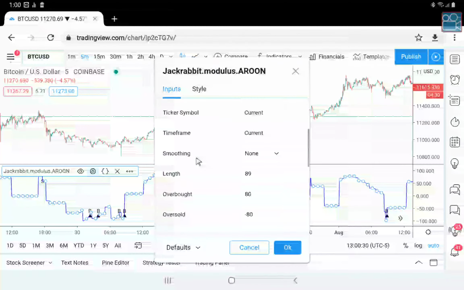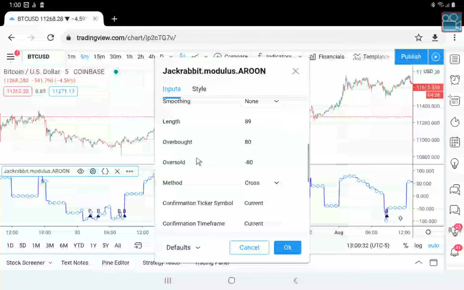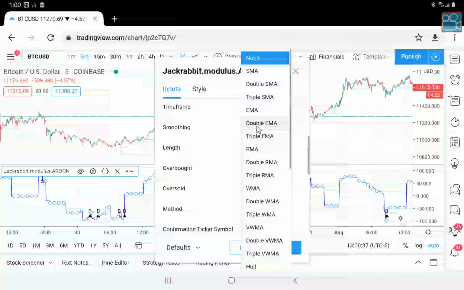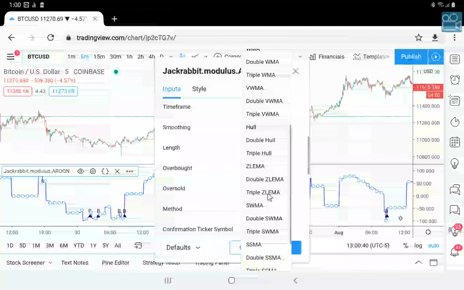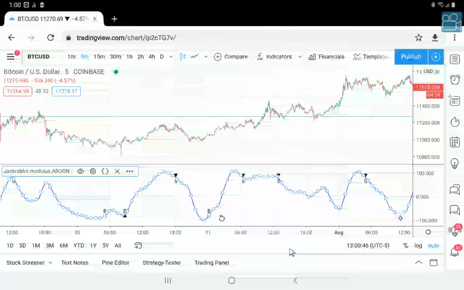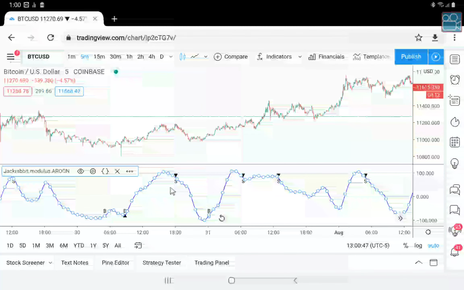including if you want to engage a smoothing result. For example, a lot of people like to use the Hull moving average as part of their smoothing. And as you can see, by doing so, it really produces some pretty good results.